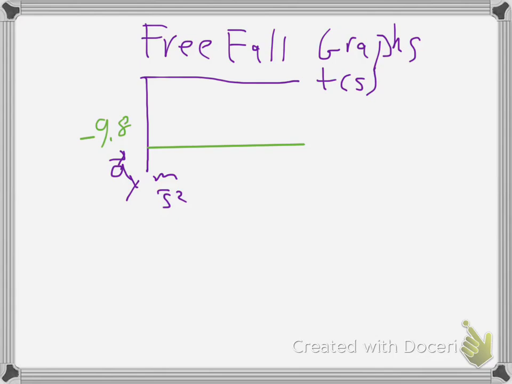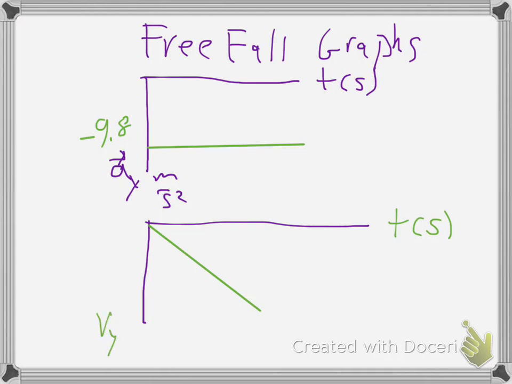The velocity graph, well, if it's constant negative acceleration, it's going to have a negative linear slope, like that. And so based on the time, you would be able to find out the speed at that point, the velocity at that point.